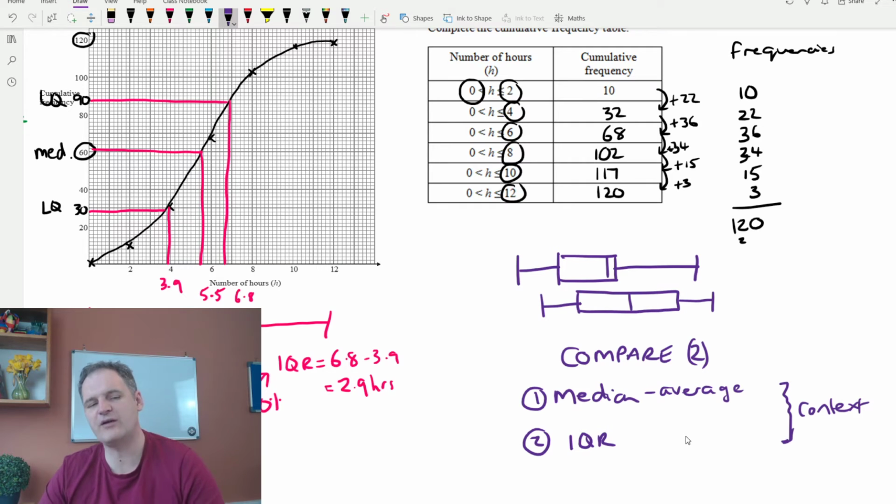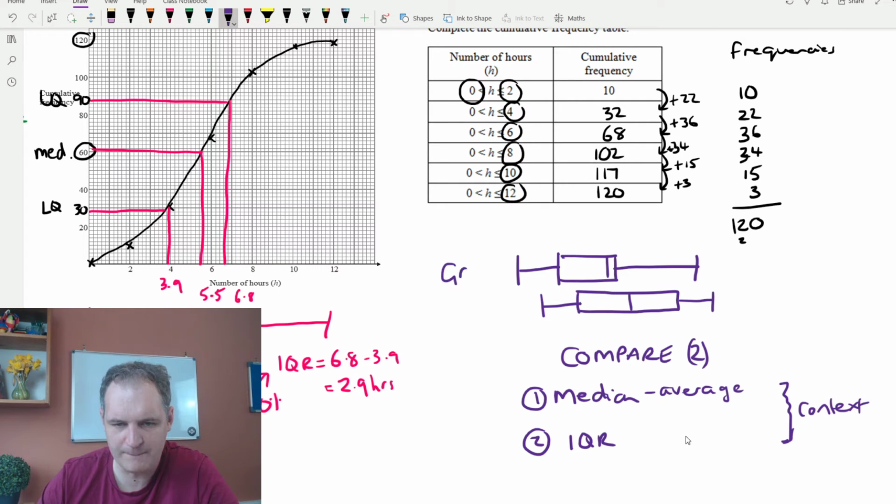So if this was a time to complete a challenge, we would say that this is group 1, this is group 2. Group 2 had a higher median time, which is bad, so we would say group 1 was quicker on average, and we would make sure we reference the median.